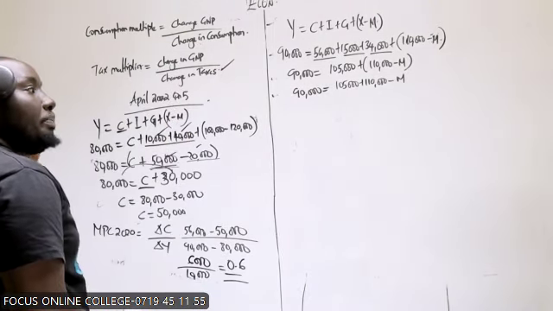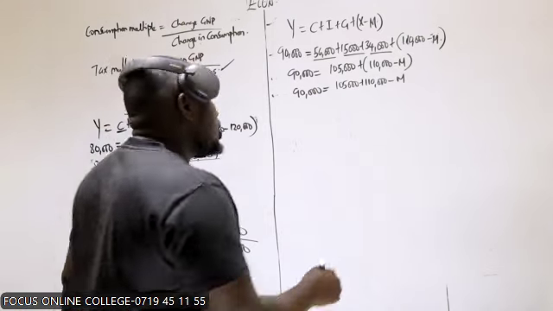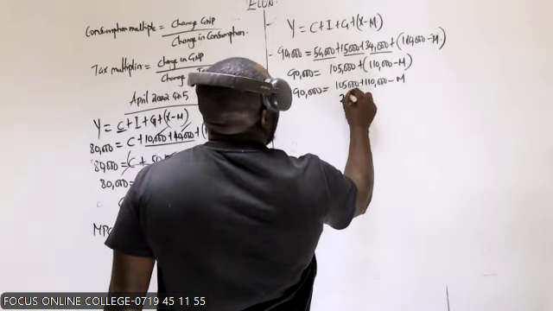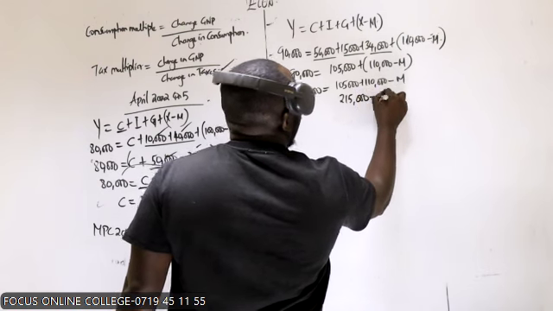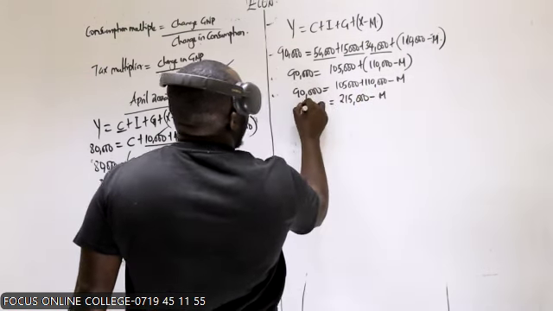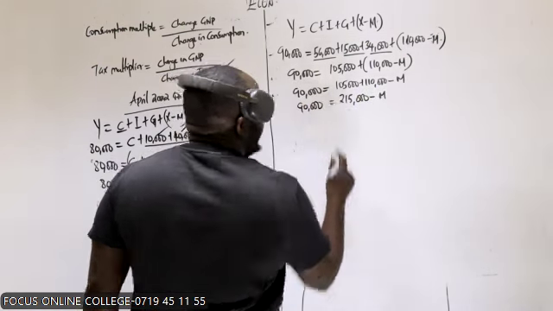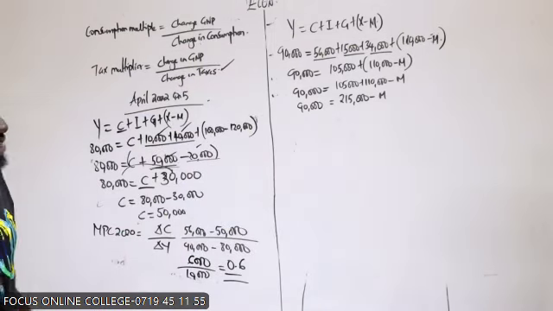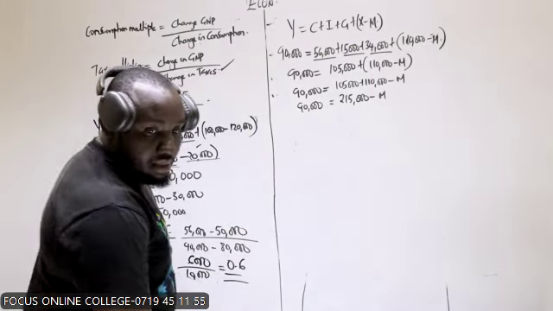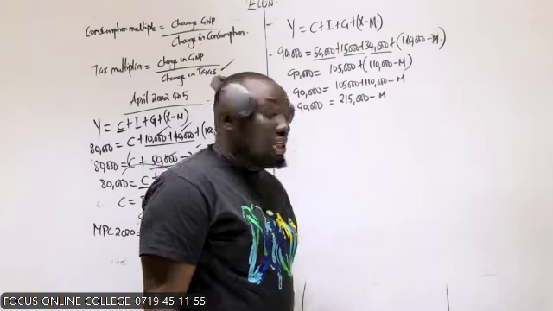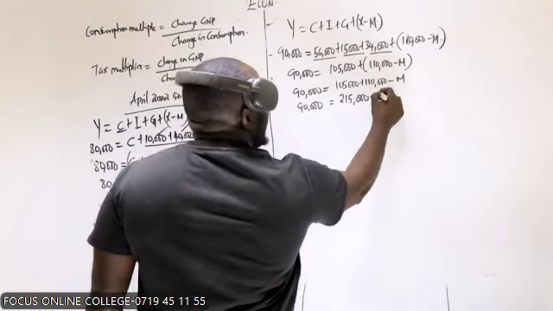So 110 plus 105 should give me 215. 215 minus M is equal to 90. We respond with a yes. So then, how do we get M?